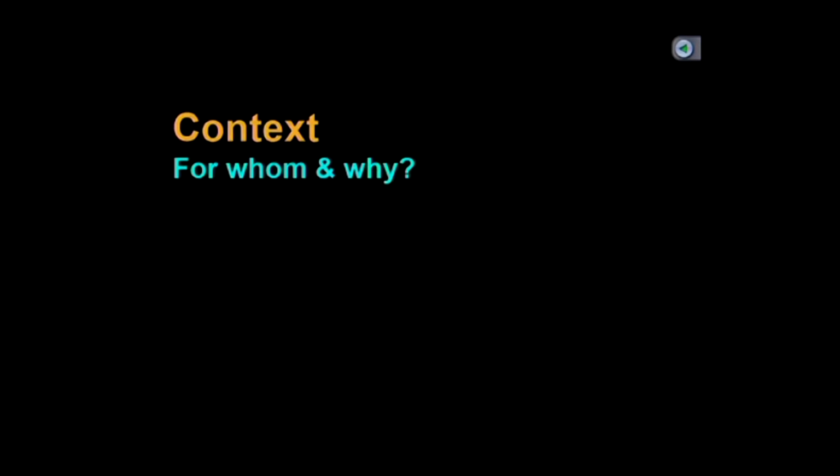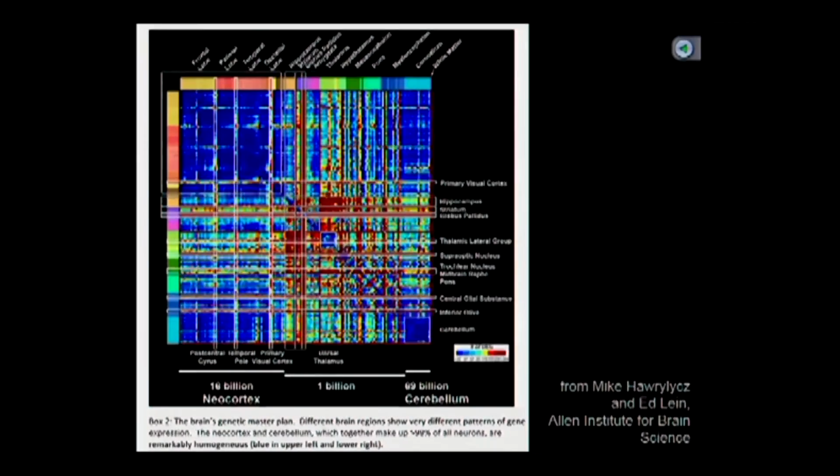I'd like to leave you with one final example that speaks directly to what is perhaps the most important variable of all, context. For an article on gene expression in the brain, we started with a few heat maps provided to us by the scientist authors, like this one.